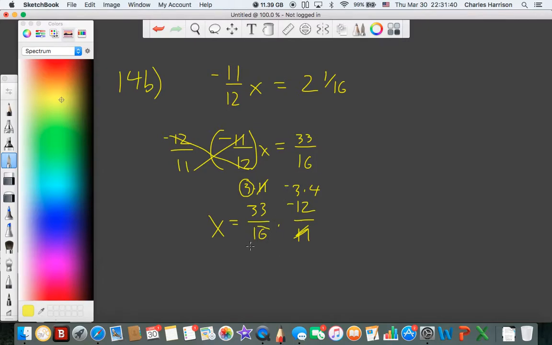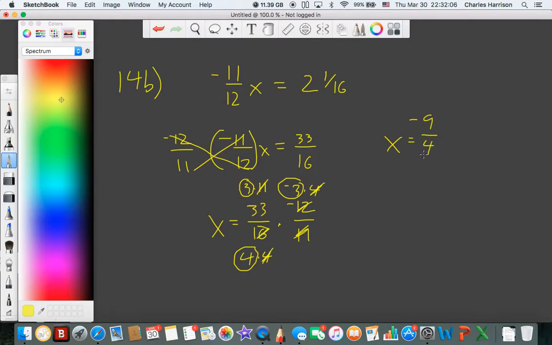And this is 4 times 4. So this 4 can cancel out, and this 4 can cancel out. So what we have on bottom is a 4, and what we have on top is this 3 and this negative 3. And we're timesing them, so it's negative 3 times 3, which is negative 9. So x equals negative 9, and then just a 4 on bottom.